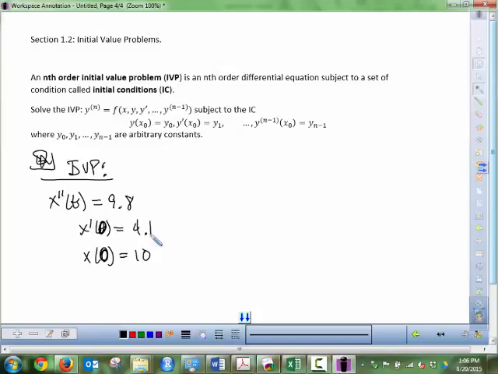So with these two pieces of information, I have my IVP. So an IVP has two things. It has a differential equation, and it has initial conditions. And with this, we can answer whatever question they're asking and be able to find our solution, our particular solution.